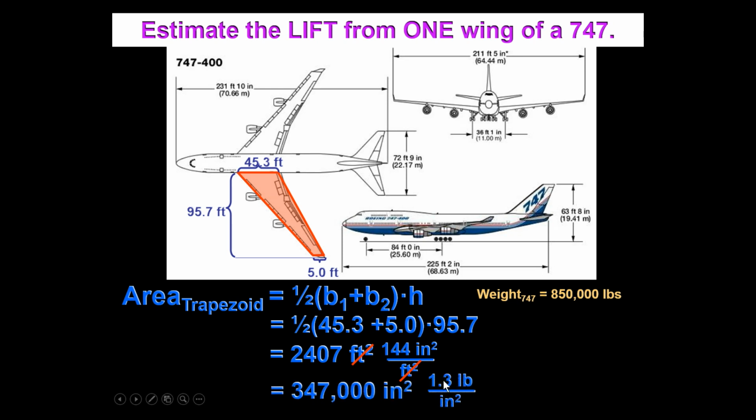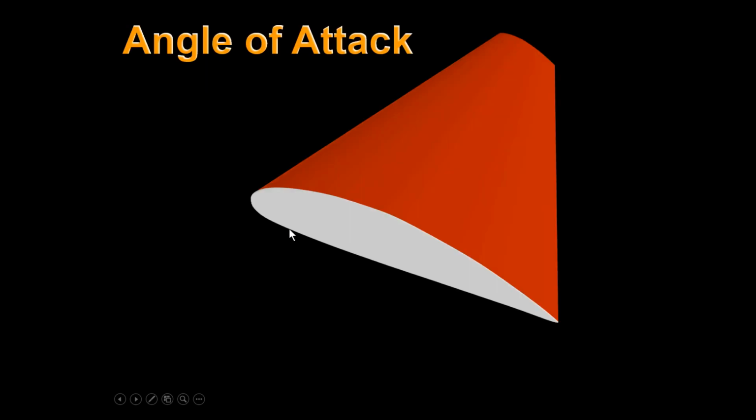And if there was 1.3 pounds of force difference for each square inch, you get this many pounds of lift on just one wing. A little difference in pressure over a lot of area can make a big difference.